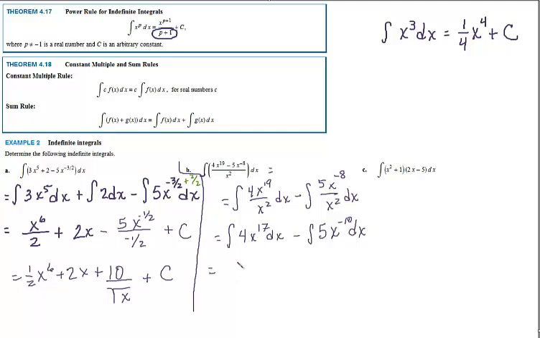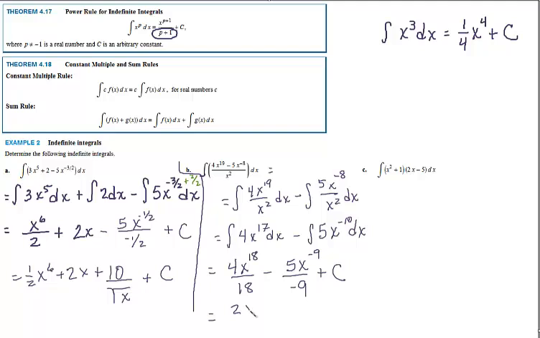Now I'm going to take the integral. This would need to be 4x to the 18 over 18, and I'll simplify that in just a second, minus 5, and this x would be, because I need to add 1 to the negative 9 over negative 9. Don't forget your plus c. I will count off if you forget that plus c, because that is a whole family of answers.